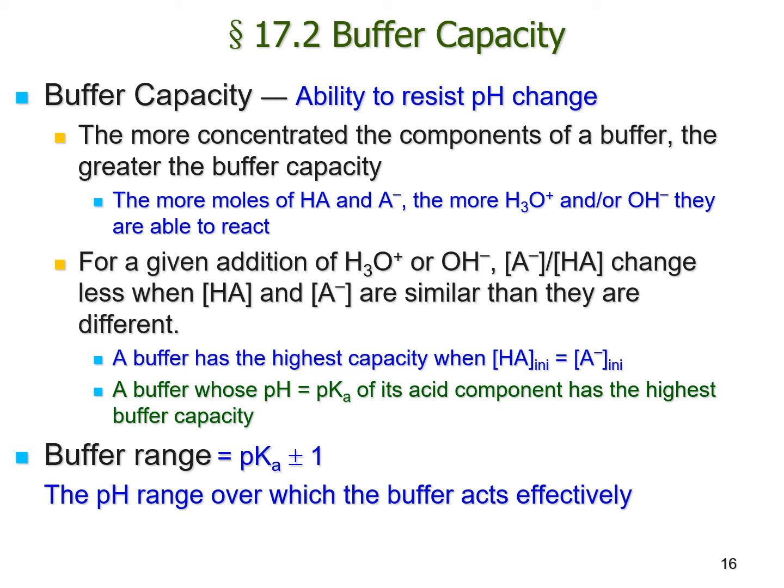That is all for the first topic of this chapter, buffer solution. And before we leave, I'd like to summarize a little bit about this buffer solution. Buffer solution is an application of the common ion effect.